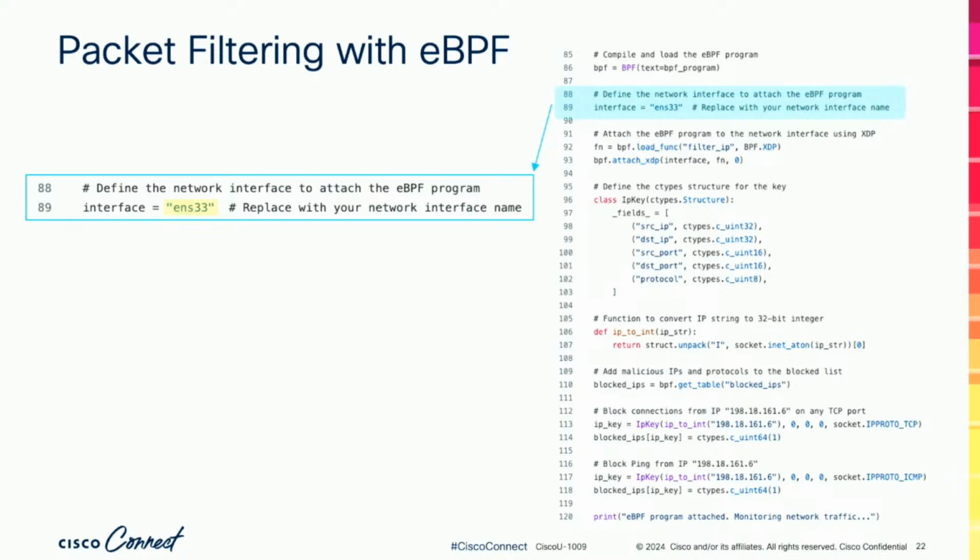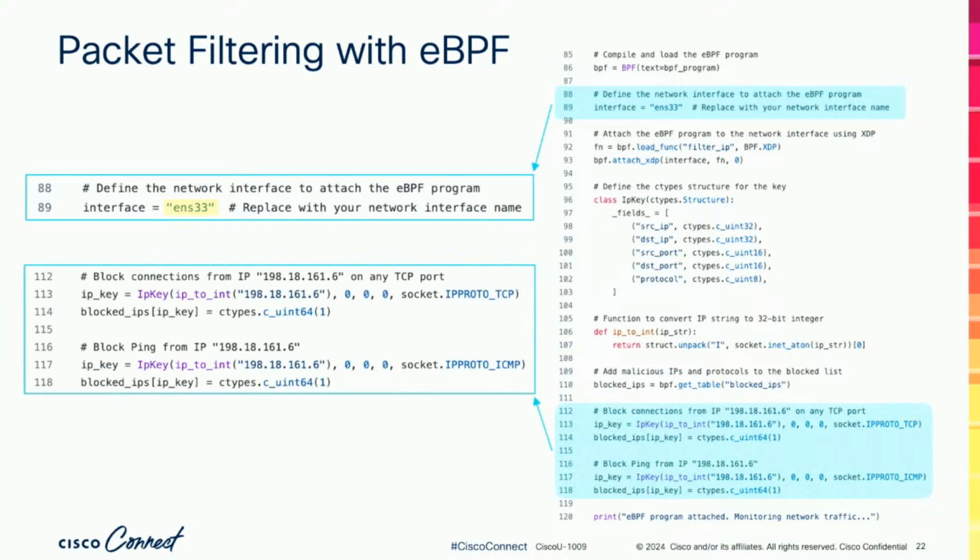So we need to go ahead and modify that interface name to match the interface on our particular server. We also need to populate the IP addresses that we want to discard the packets from. So depending on your lab environment, it's likely going to be different IP addresses and a different interface name than what is listed here. So I just want to point that out so that you can go in and modify those and get the script working properly.